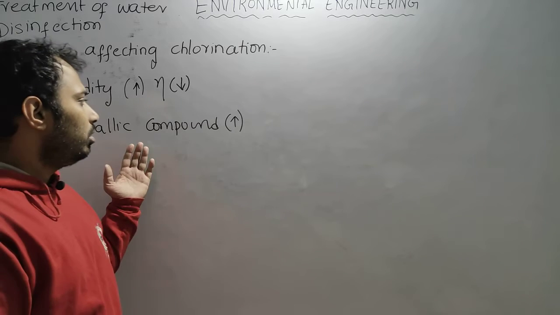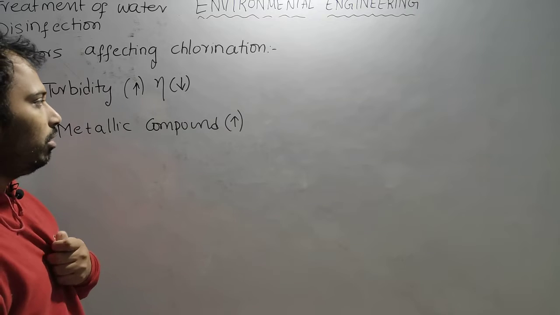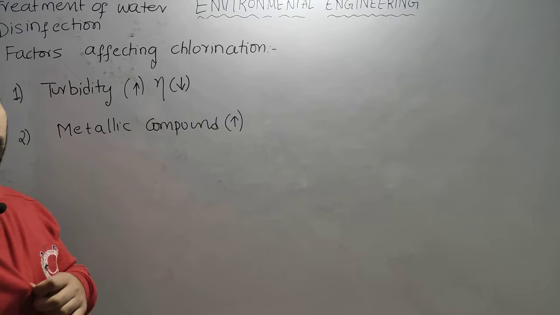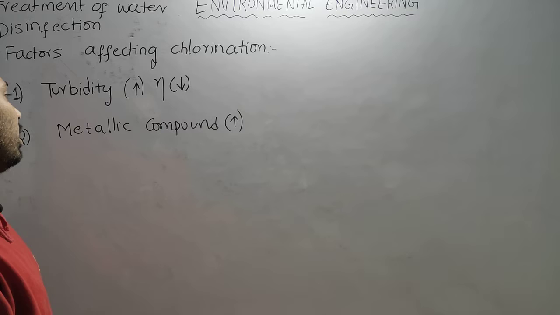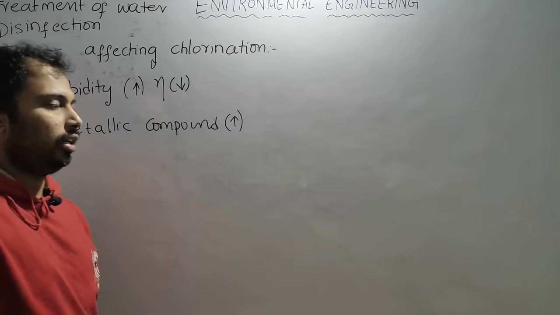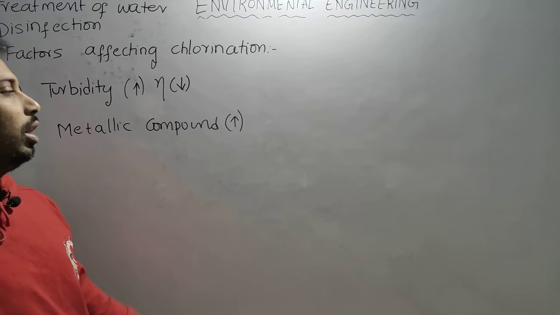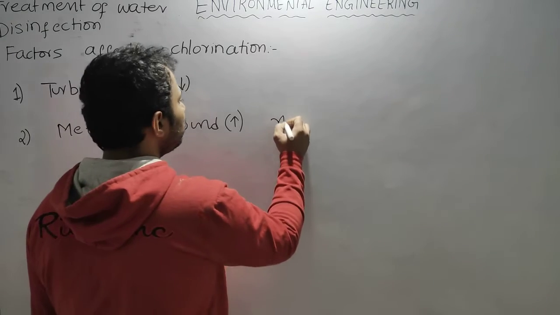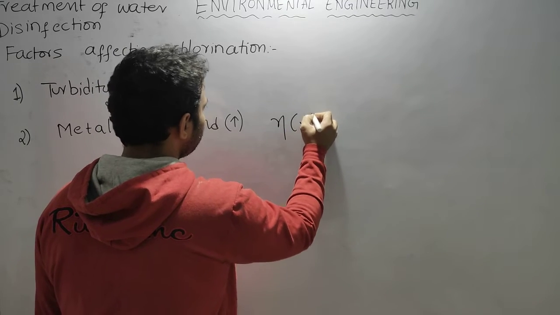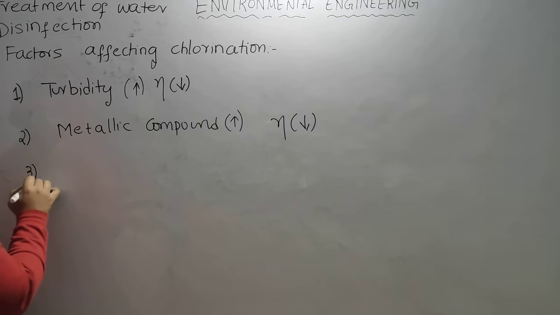Metallic compounds can be removed in any manner, but if they are removed by chlorine, then the chlorine is not sufficient for the disinfection. So when metallic compounds are more, the efficiency of the chlorine for disinfection reduces. And the third one is pH.